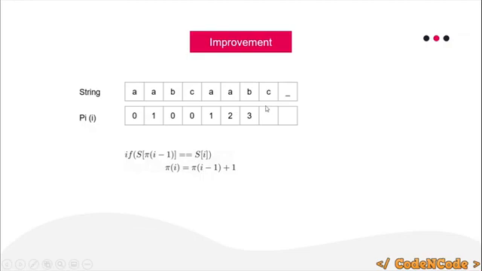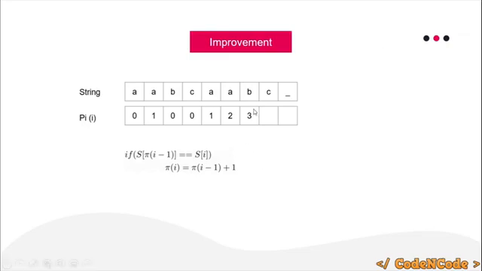We already know that pi of i minus 1 is 3, so pi of i can be at max 4, right? If pi of i is at max 4, that means these 4 characters must match. Should I compare all of these 4 characters with these 4 characters to see whether pi of i is going to be 4? The answer is no, I don't have to.